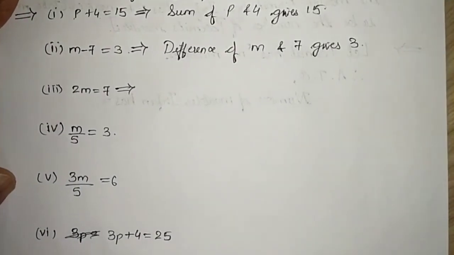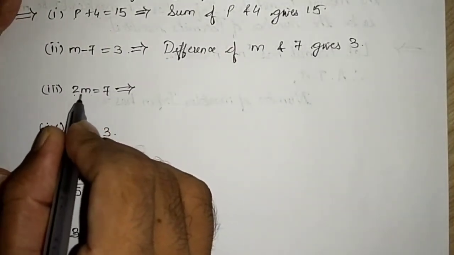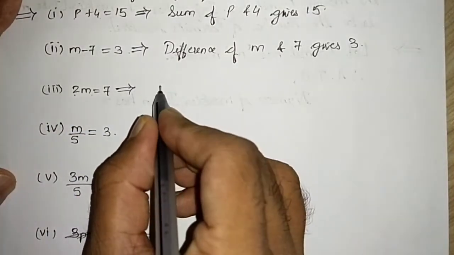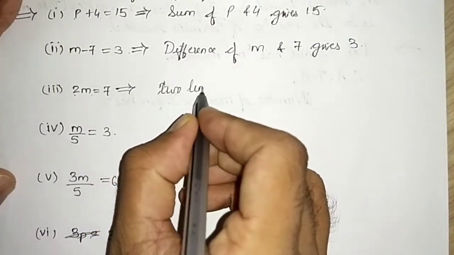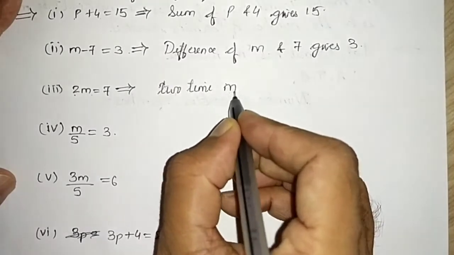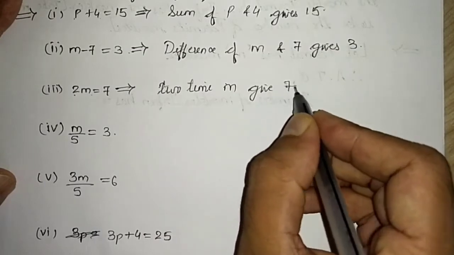In the third part, here you can see 2 is in multiplication with m, so we will write 2 times m gives 7.